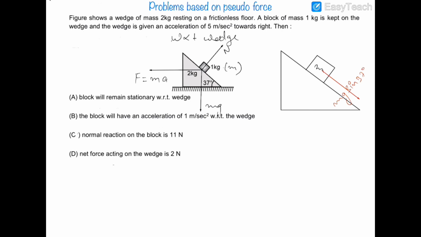This is the normal reaction. This is mg cos 37.